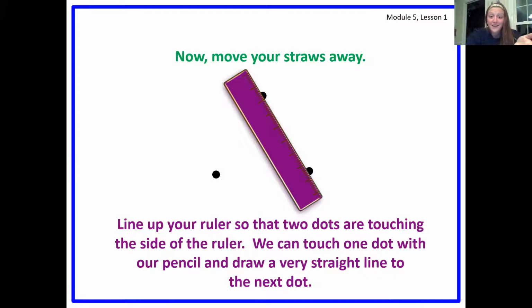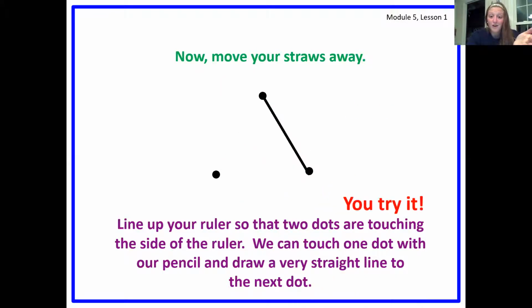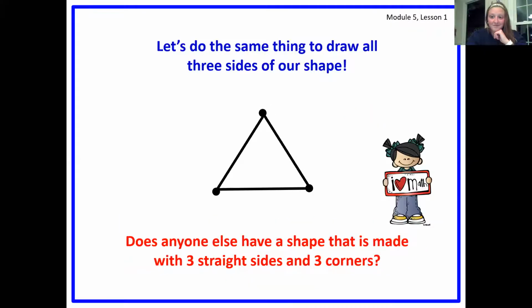So each one of these lines is one of our straws, okay? So go ahead and you try it, you finish it. So I finished mine. So we finished all 3 sides. So are there any other shapes that you can make with your straws that have 3 sides?